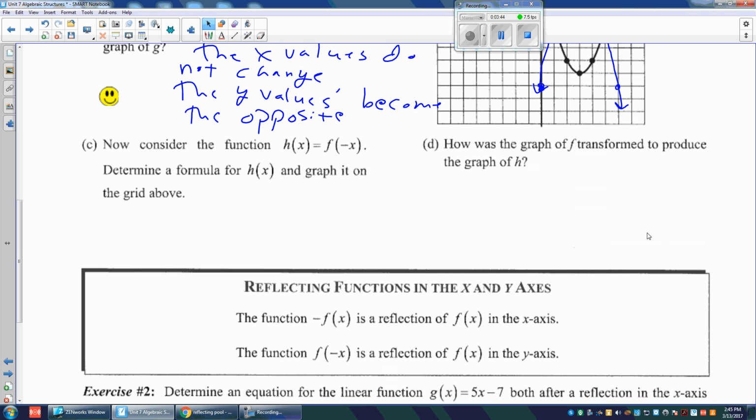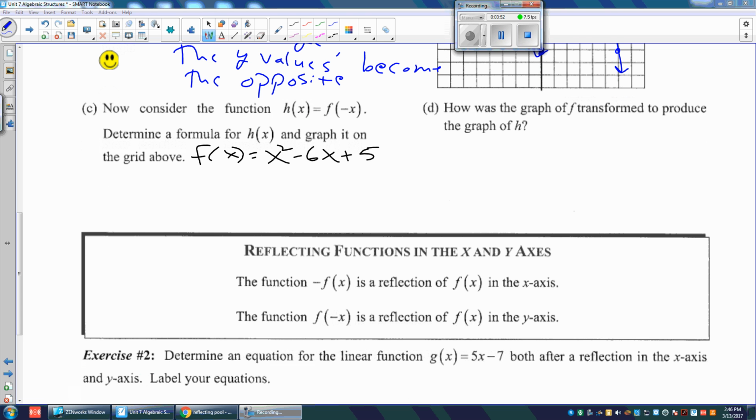Now consider the function h of x equals f of negative x. Think about that. Everywhere I see an x, I have to plug in a negative x.